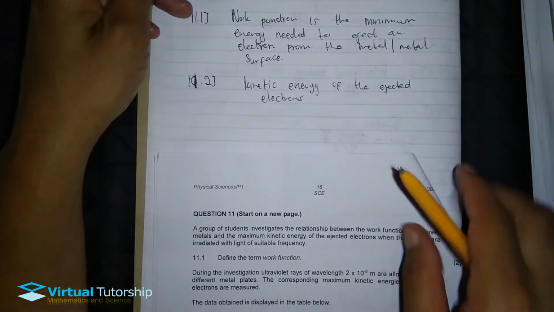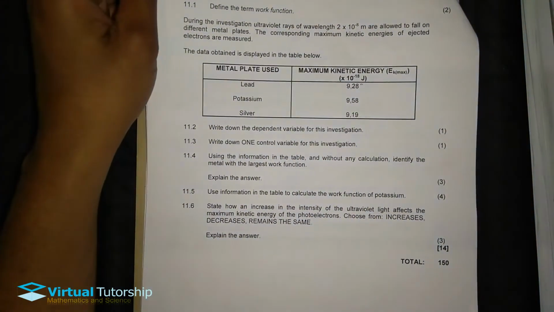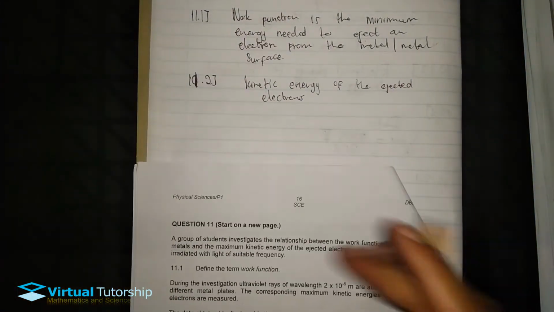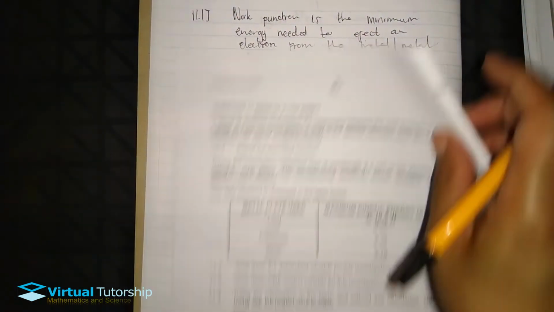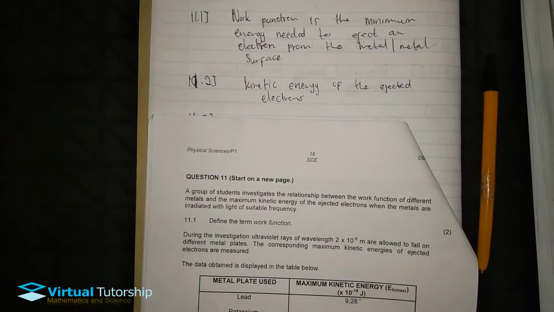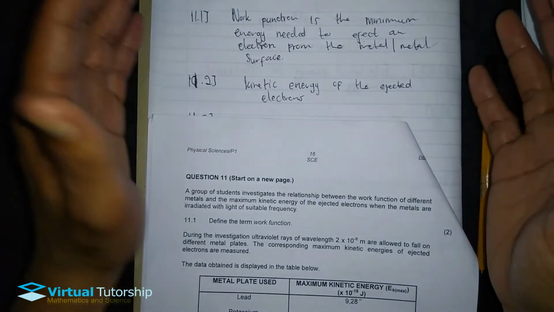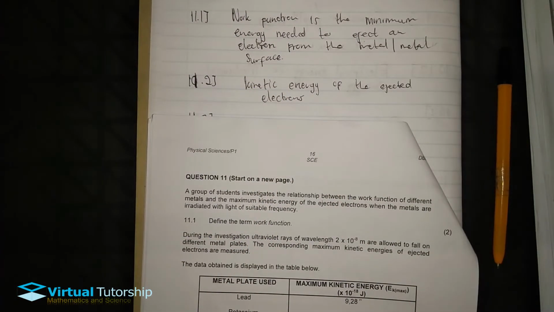Now the next question: write down one controlled variable for this investigation. The control variable is the variable that you control. Going back to the cabbage scenario, the dependent variable is the size of the cabbage, and the controlled variables are the amount of water in our garden, as well as the amount of fertilizer.